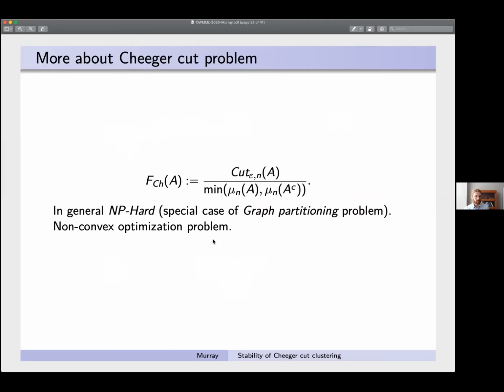All right, so let's say just a few things briefly about this Cheeger cut problem. So the bad news first. The bad news is that the general Cheeger cut problem, if you want to find an exact solution, is NP hard. And the reason for this is that it's really a special case of the graph partitioning problem.